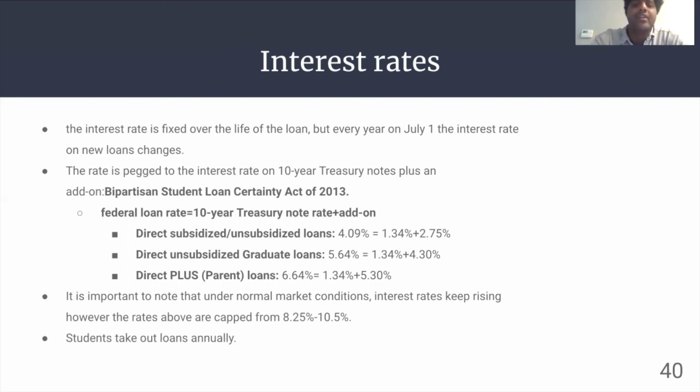It's important to note that under normal market conditions, interest rates keep rising, and you might have to think about that or plan for that in your future, while you're in college.